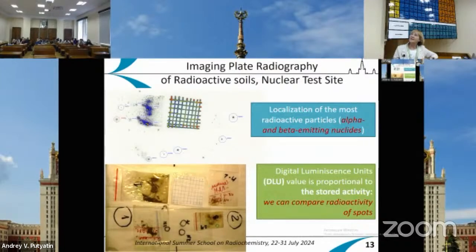You can see that the distribution of radioactivity is highly uneven, and we can see some hotspots with high activity.